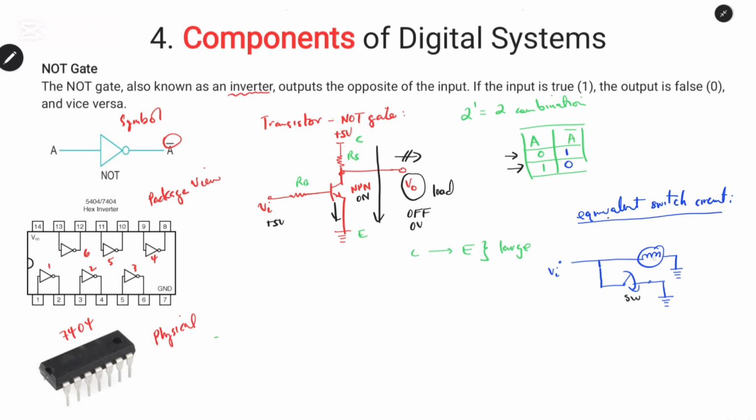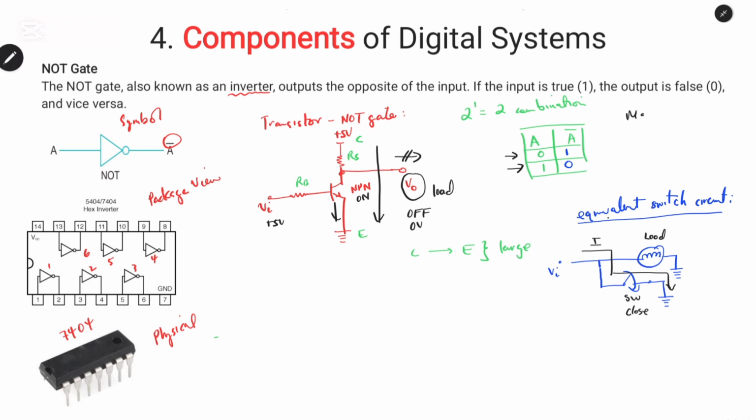Similarly, if you see from the switch diagram, if the switch is closed, this is the load, the lamp. The current will now follow this path to the ground, because the switch and the ground have 0 resistance, and current will choose this path. So this is how a transistor is used to design the NOT gate.